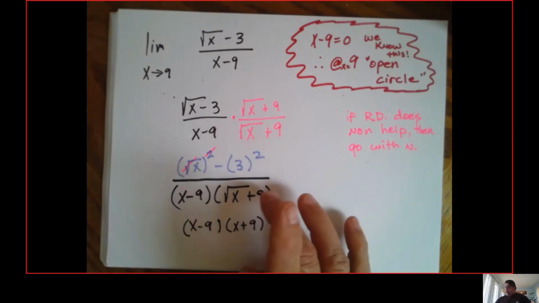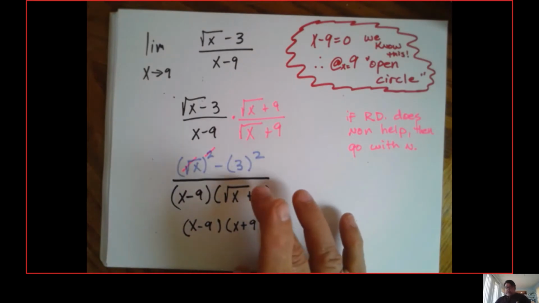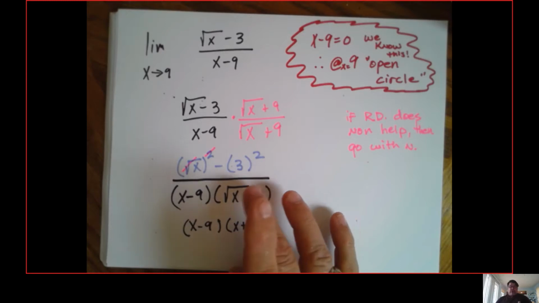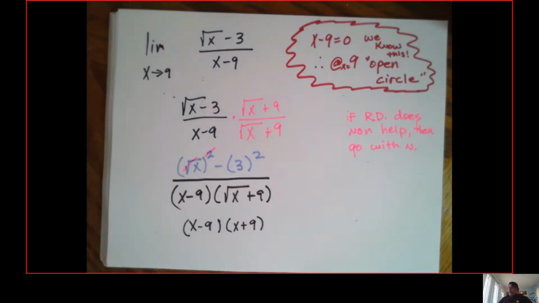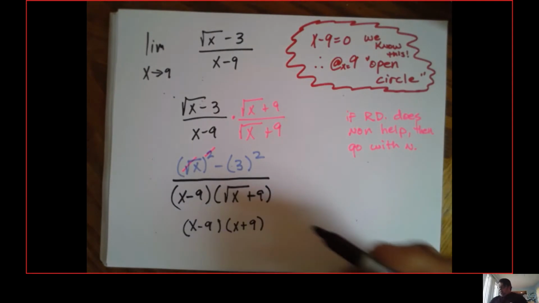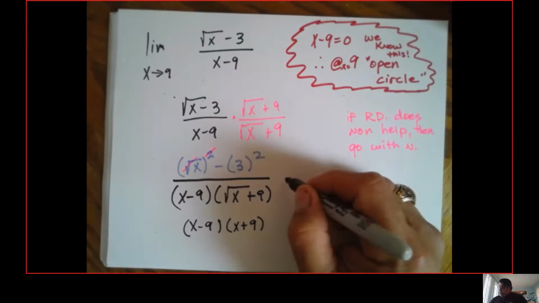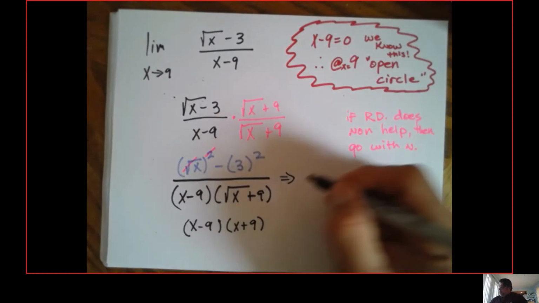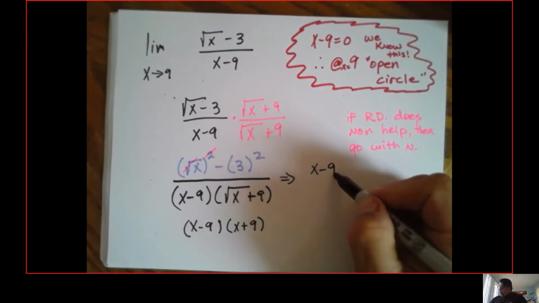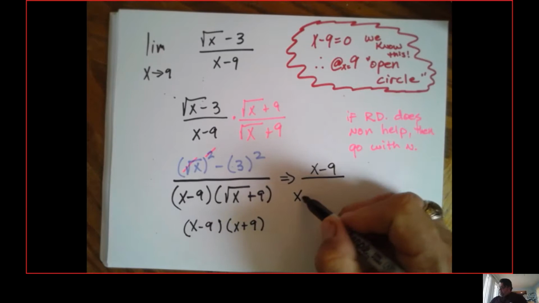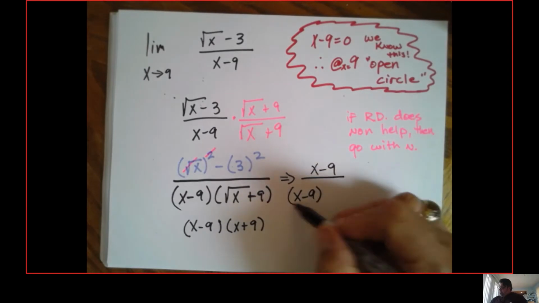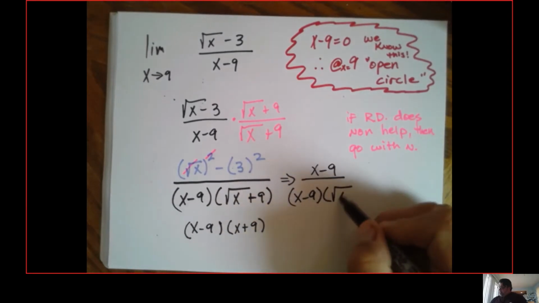We can still go with it. I think. Yeah, we can still go with it. I'm sorry. This is just another way. I did it a different way. Yeah, that's going to give us x minus 9. I was a bit worried there. x minus 9 over x minus 9 times the square root of x plus 9.